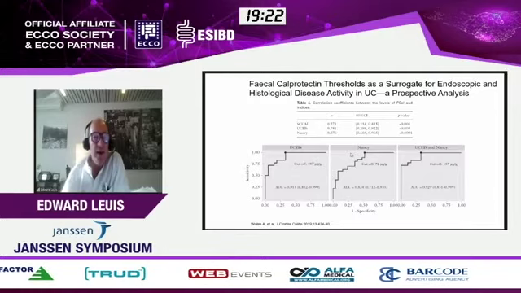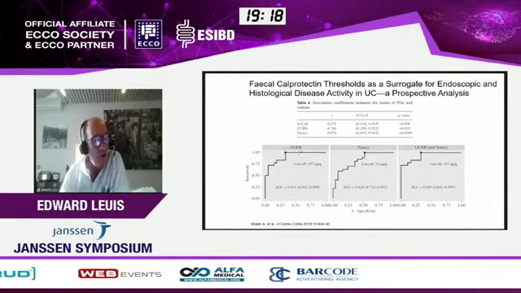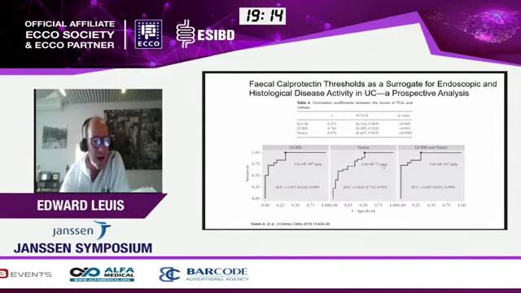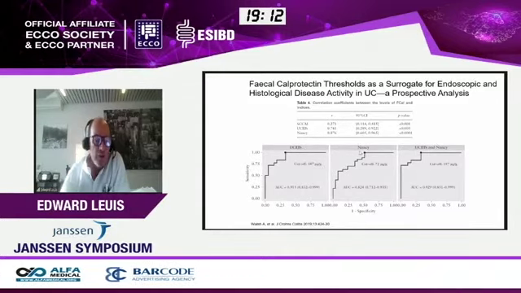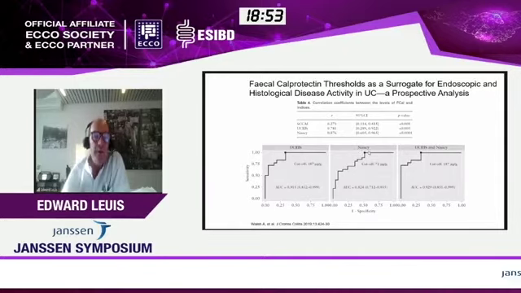And you see here that the fecal calprotectin correlates very well with endoscopic score of ulcerative colitis, the UCEIS, and also histologic score like the Nancy score. But what you see here also is that if you want to get a threshold indicating endoscopic remission in ulcerative colitis, you should take a threshold which is around 180, while if you want to reach histologic healing, it is probably below 100.